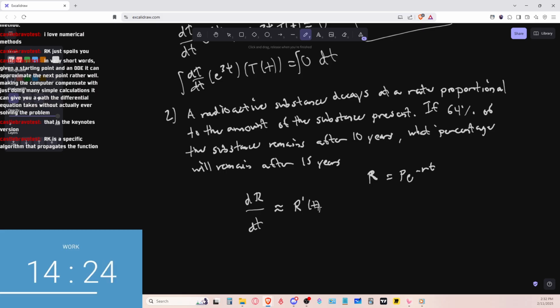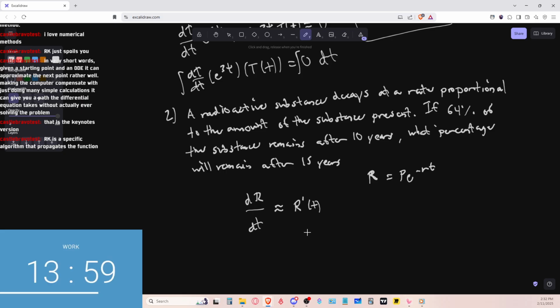Ah, I see. Yeah, because I know that there are some differential equations that can't be solved. That is a keynote version. Okay, a specific algorithm that procreates the function. Oh, okay. Well, I'm learning a lot from you guys. Thank you for teaching me that, at least.